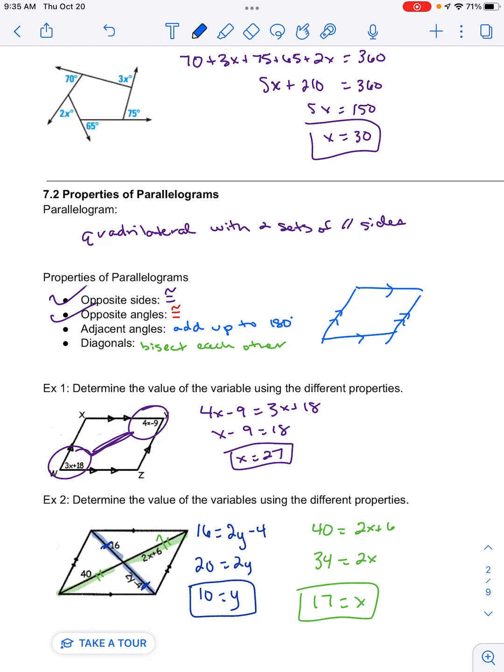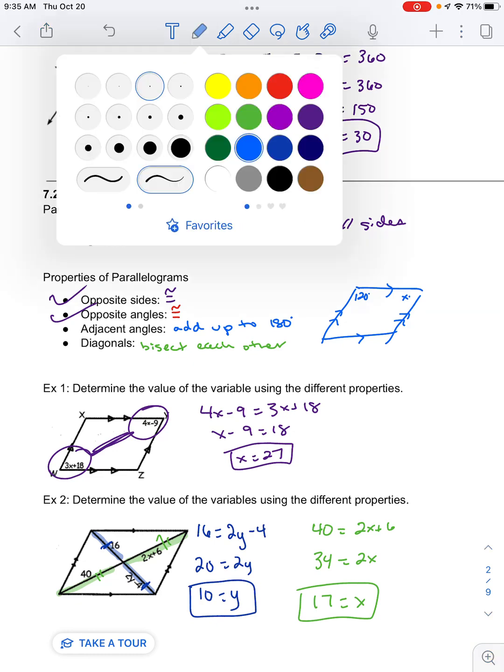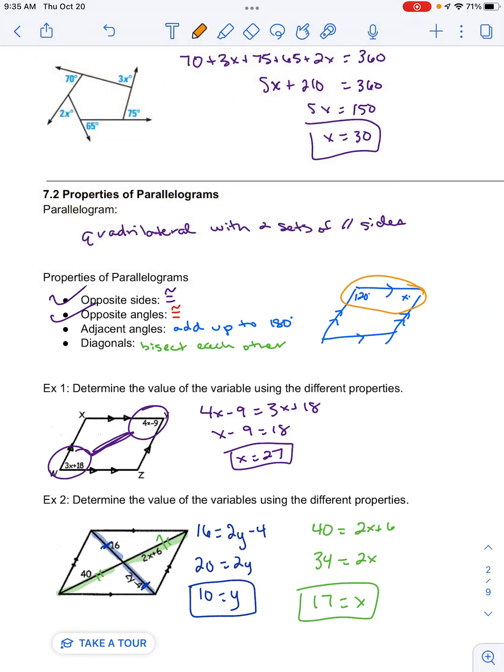Just something notation wise to note. But anyway, let's say that this is 120 and trying to solve for x here. Well, these angles are adjacent, so they add up to 180. So x in this situation equals 60.